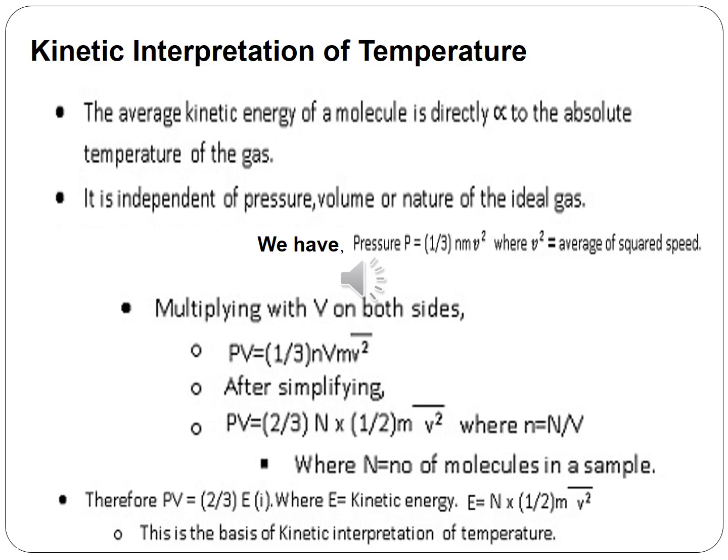Therefore, PV is equal to 2 by 3 into E, where E is the kinetic energy, which is E equal to N into 1 by 2 m v squared. This is the basis of the kinetic interpretation of temperature.